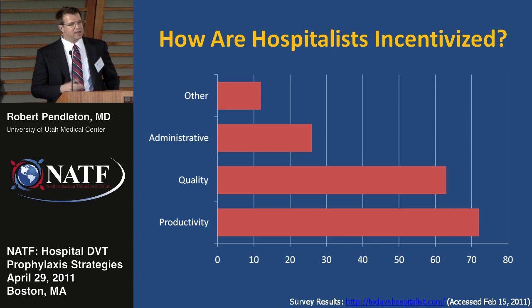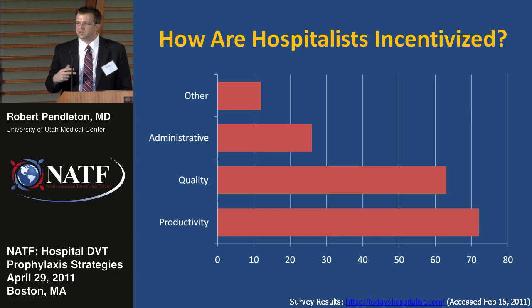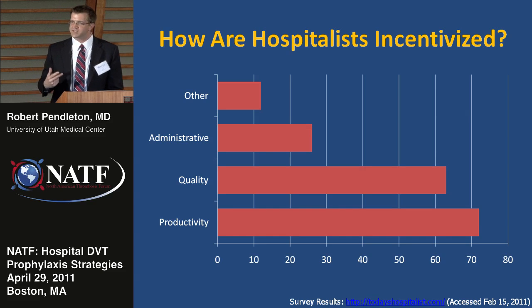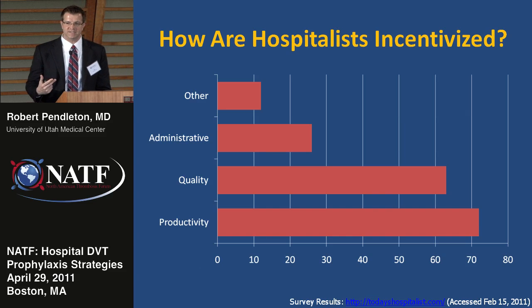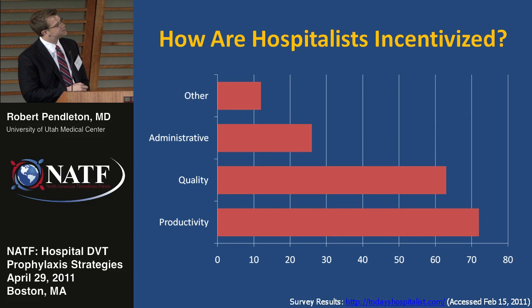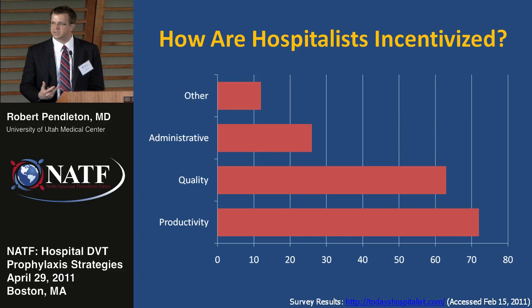And so if we look at areas that hospitalists are currently incentivized and what aligns with hospitalists, by far the number one subsidy and incentive goes towards productivity, but we talked about that. There's a ceiling to how many patients I can see and how efficiently I can move patients through the healthcare system. There's a smaller amount of subsidy and incentives for administrative responsibilities.